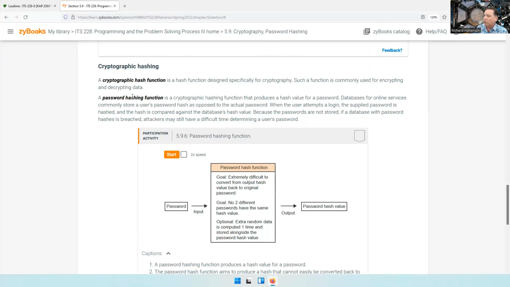When you create your password, it stores a hashed version, and whenever it wants to verify your password, it takes what you type in and runs it through the hash function, and the result has got to be the same as the hashed version it originally stored. If it's not, then you haven't typed in your password correctly. Of course, it's possible that two completely different passwords map to the same hash, but that's highly unlikely.